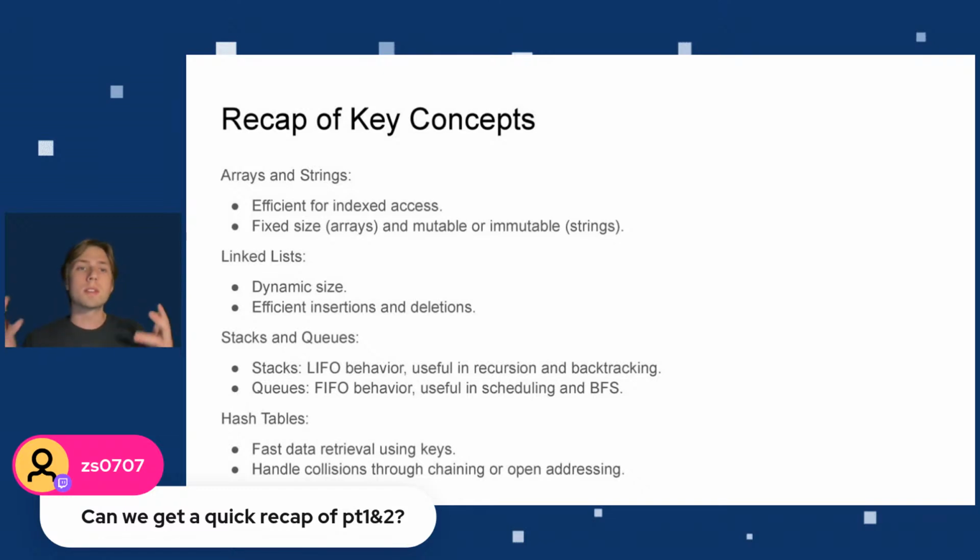We could traverse an array where we just go through all the elements in sequence. And we know that they are fixed size, although in some languages you might be able to add a new element to an array and increase its size. Then we also talked about linked lists, which have a dynamic size and are efficient in doing insertions and deletions.